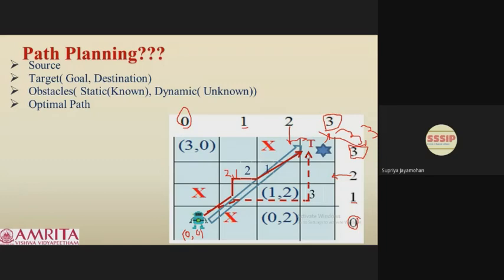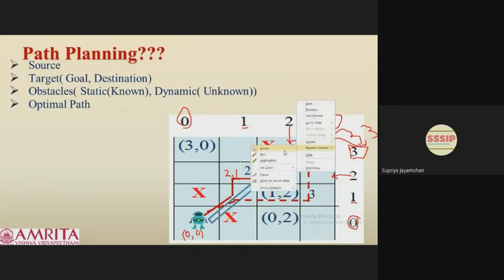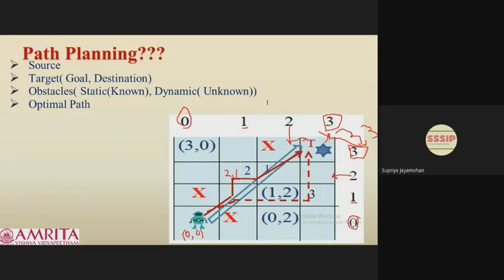Once this grid structure is clear, we can easily understand how the algorithms could be planned. Here we have taken an example of a grid which is 4 by 4.